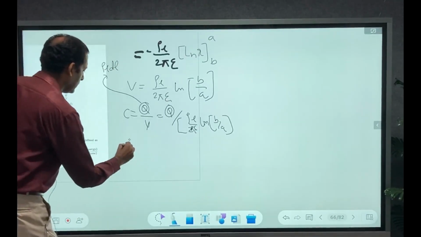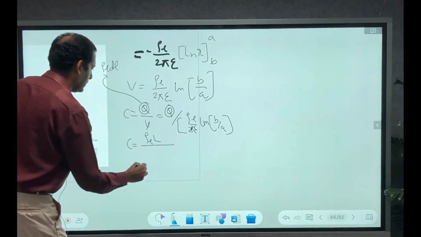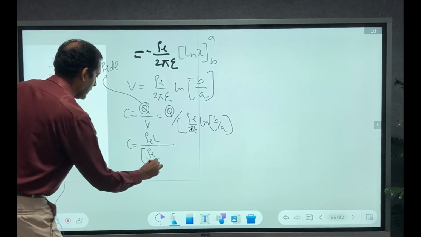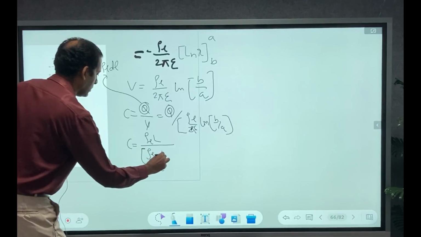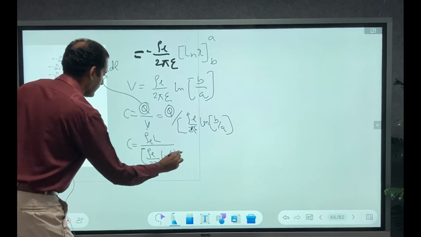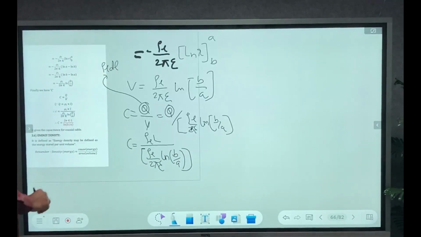So what will be the modification here? It will be rho L L divided by rho L by 2 pi epsilon log of b by a. So this will be the solution.